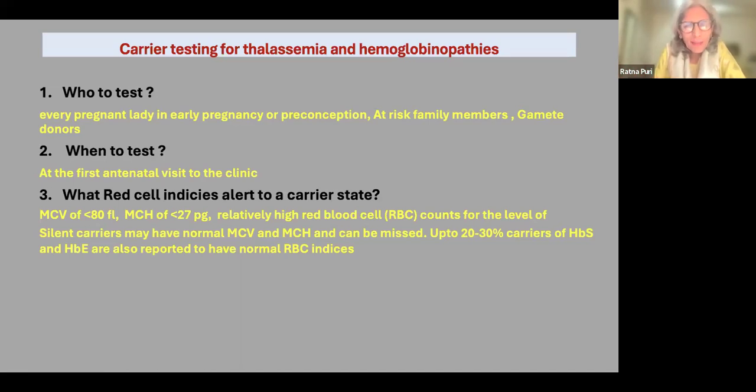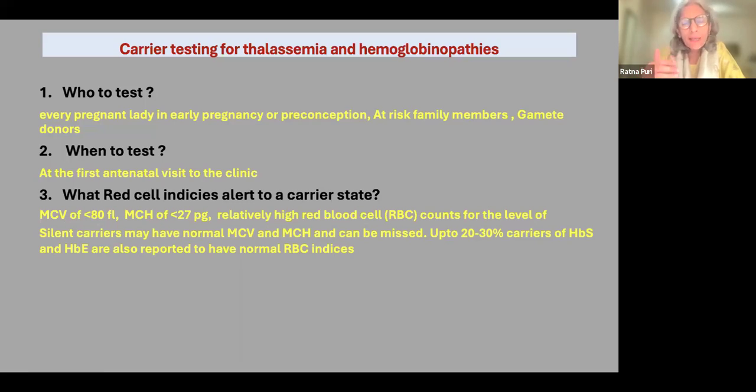There is a small percentage of what we call silent carriers. That means they would have normal MCV, normal MCH, a normal RBC count, and yet they may or may not have a normal hemoglobin A2.